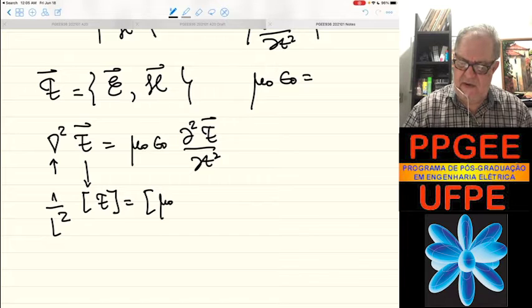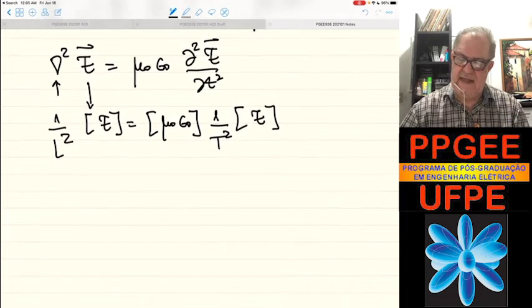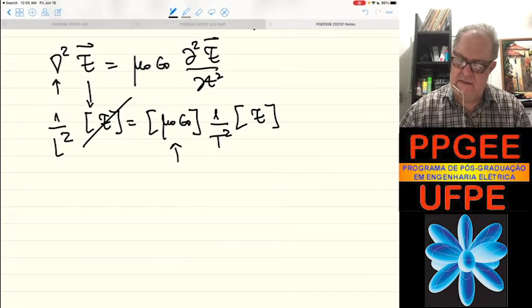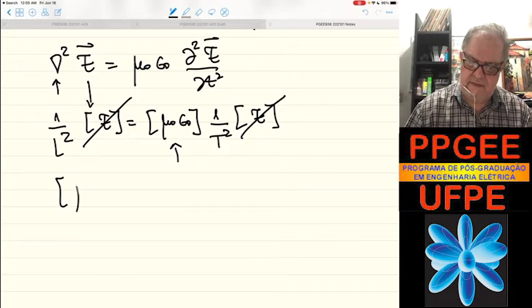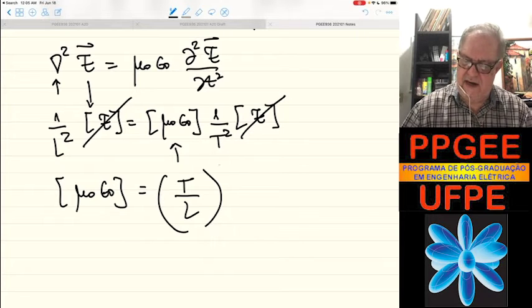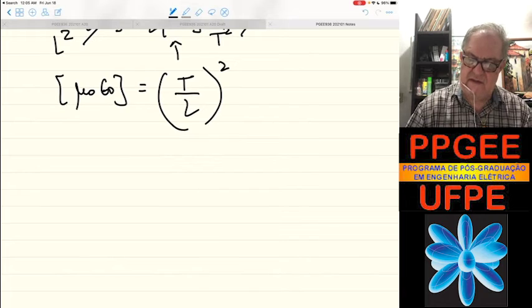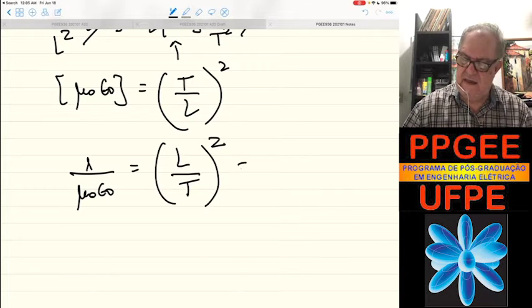Dimension of mu 0 epsilon 0, so here we have 1 over t squared, dimension of F. So the dimension of this quantity here is equal to time over L squared, and the dimension of the inverse equals to length over time squared, which is velocity squared.